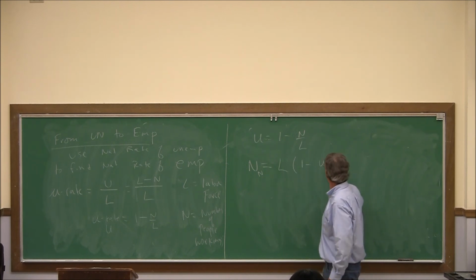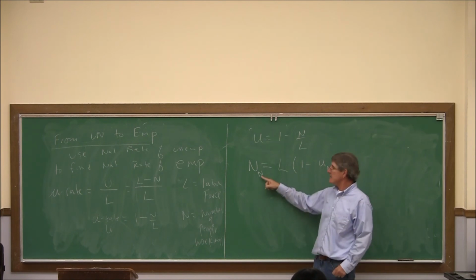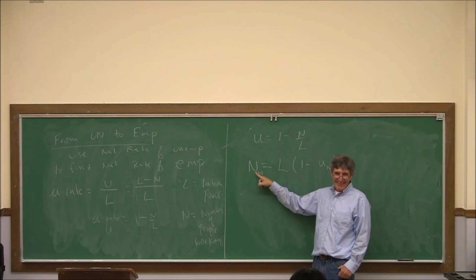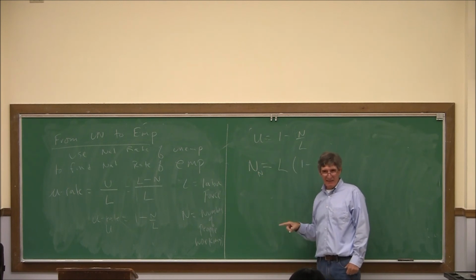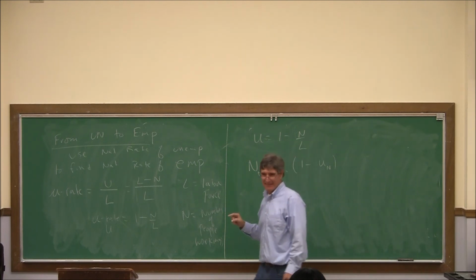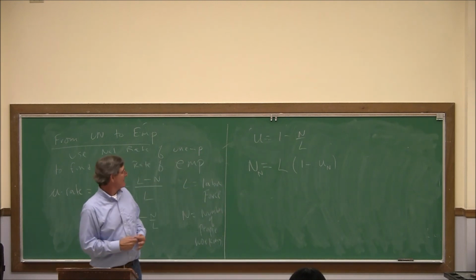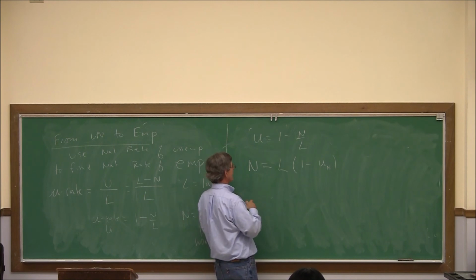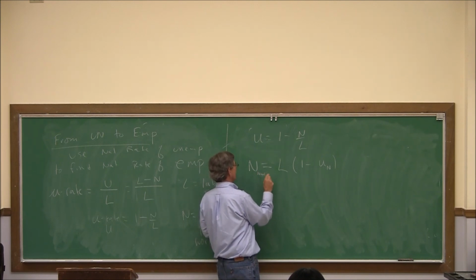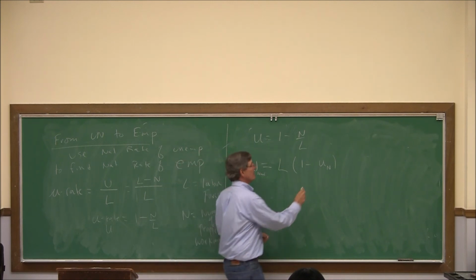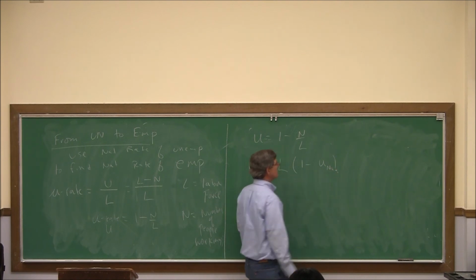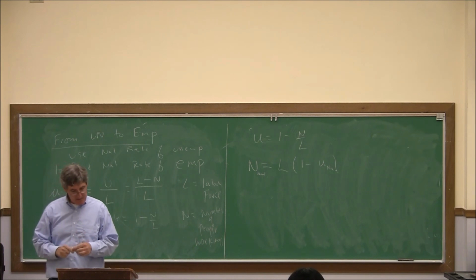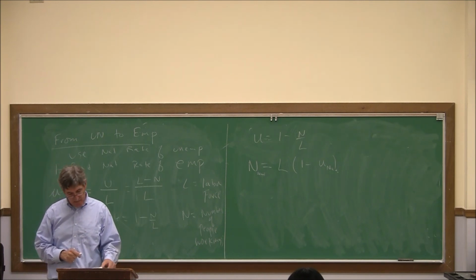I hated this when I first saw the book, because this means natural rate, and this means employment. So it's N to the N, but it's not N to the N. The natural rate of unemployment. Let's call this N nat, just so there's no confusion. I'm going to use N's purely in a minute.